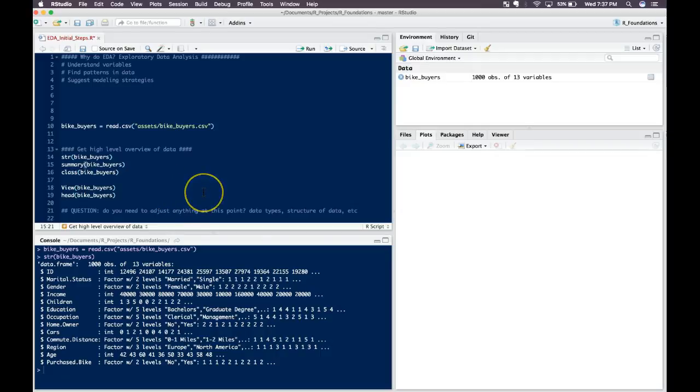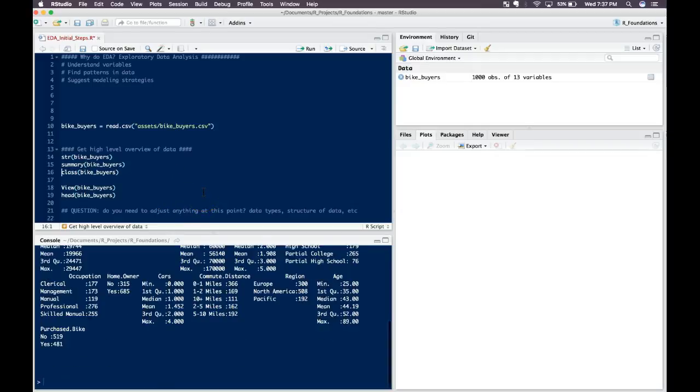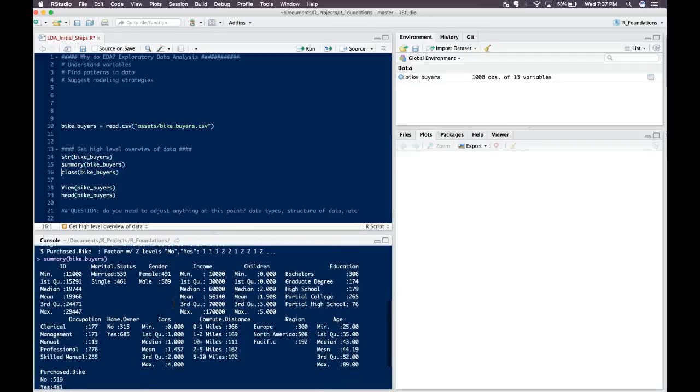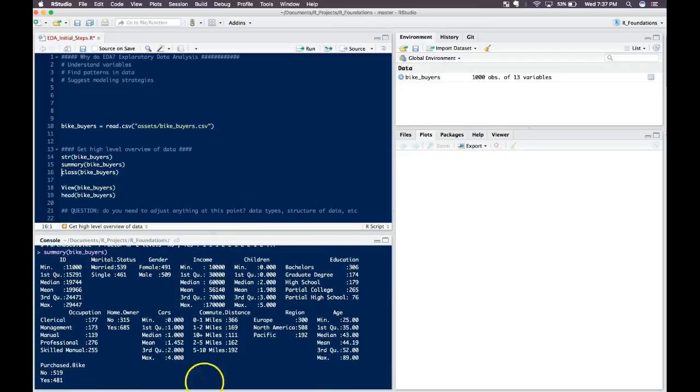So let's go ahead and look at summary. Alright, so right off the bat we can see all of these variables and some characteristics of them. ID is the first thing that catches my eye that we might need to change. It's giving us a spread of these IDs, but you have to ask yourself, do you really want ID in this data set? Sometimes you may want ID in the data set if there's multiple transactions and a customer has a certain ID and the customer's in there multiple times.